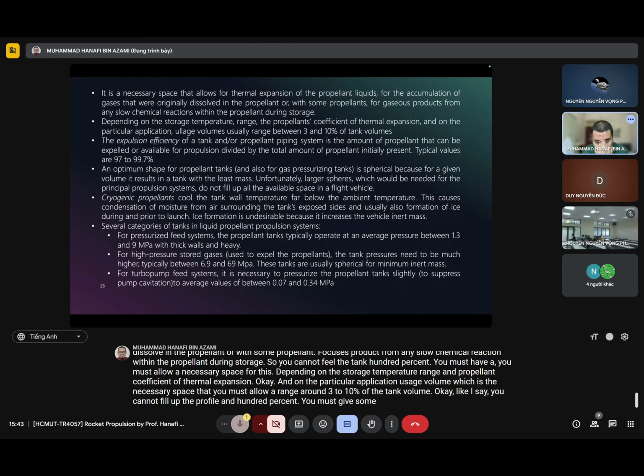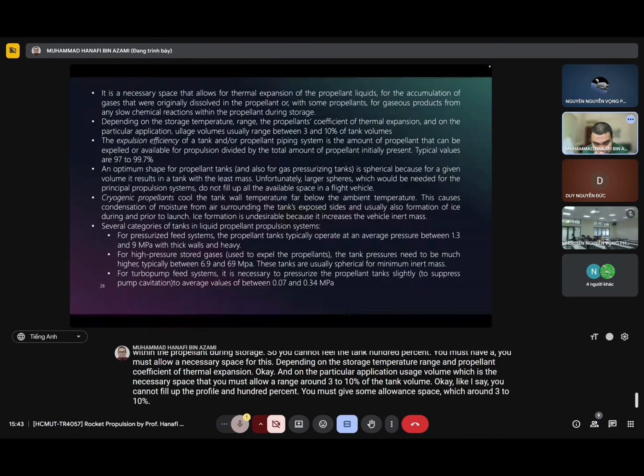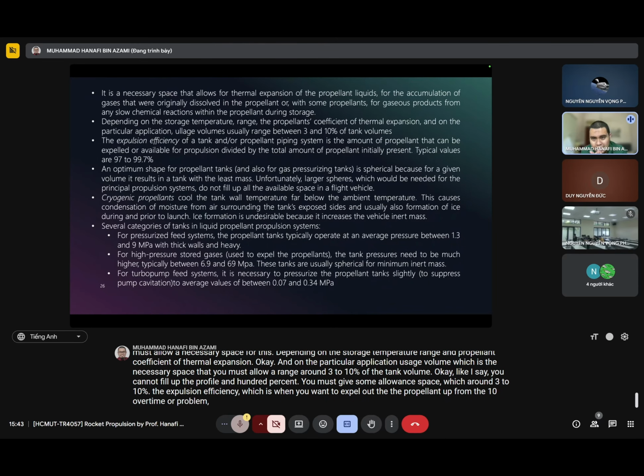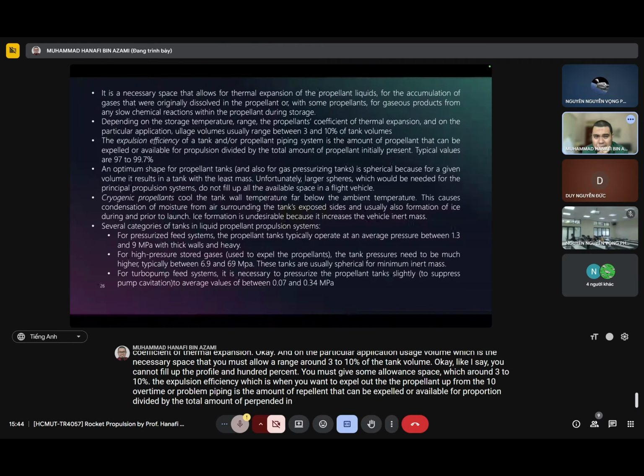You must give some allowance space, ullage, around 3 to 10%. The expulsion efficiency, which is when you want to expel the propellant out of a tank or propellant piping, is the amount of propellant that can be expelled or available for propulsion divided by the total amount of propellant initially present, around 97 to 99%.